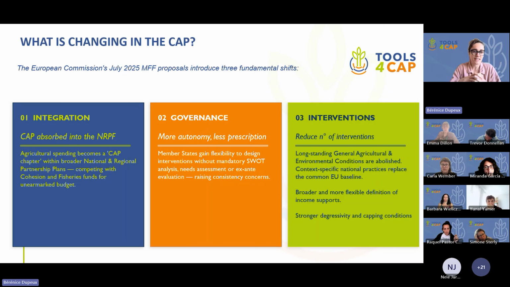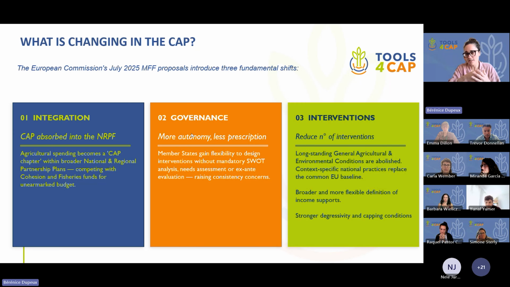In practice, it means that several funds will be looked at together, notably cohesion and fishery funds, along with CAP funds. There is also a change in governance, where even greater autonomy is provided to the member states, who gain flexibility in designing the interventions.